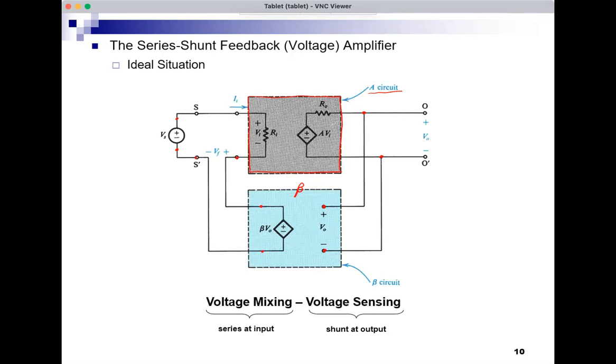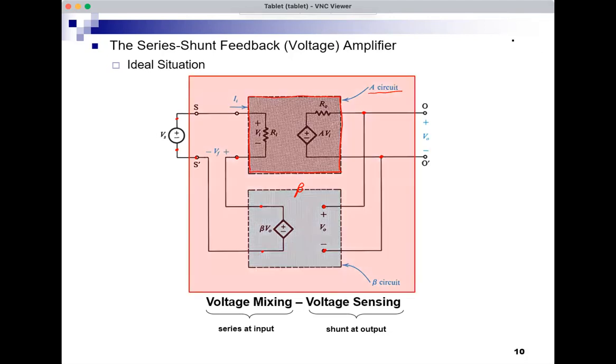So now I want to consider the amplifier with feedback as if it's a new amplifier. So now what's inside the red block, the red square, I want to consider it as a new amplifier. So this is the new amplifier with feedback. And I want to find the gain Vo over Vs for the whole thing.